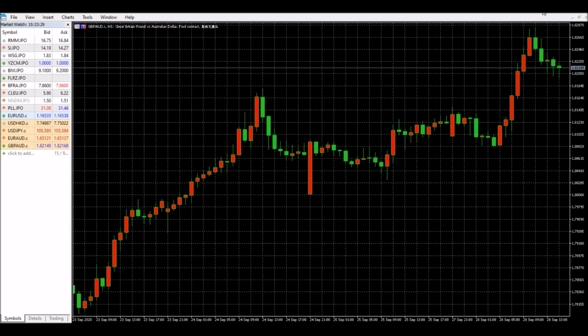Good. So adding the 200 MA to the British pound Australian dollar, you can see that it's way above, it's very, very bullish, way above the moving average. So with regards to this, you can also look for an opportunity to buy.